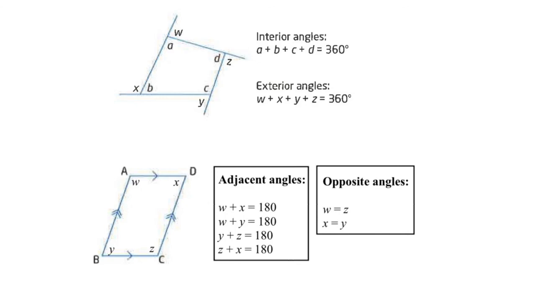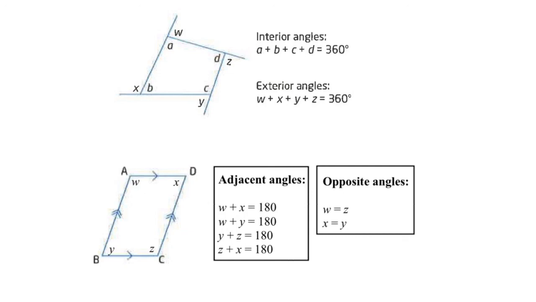To summarize what we've learned in this video, remember that in all quadrilaterals, all of the interior or inside angles add up to 360 degrees, and all of the exterior or outside angles also add up to 360 degrees. When we're focusing on a particular quadrilateral, like a parallelogram, there are separate angle relationships or angle theorems to take into consideration.